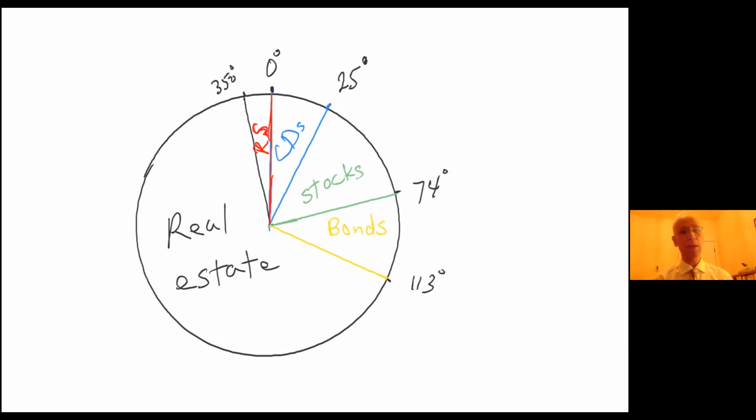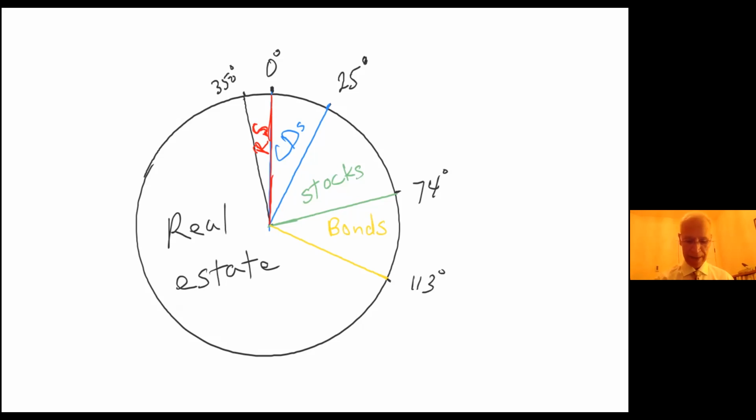You can also use that for your diet. What percentage of vegetables you eat, what percentage of meat, what percentage of fruits, and on and on. Anyway, so that's how you do a pie chart.